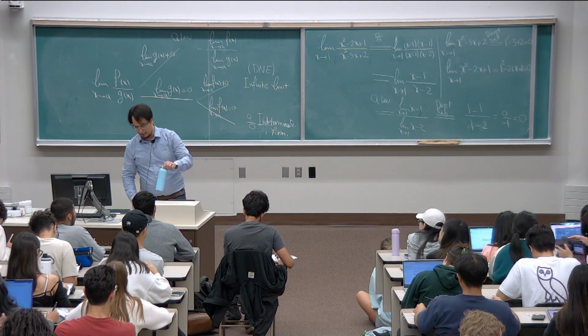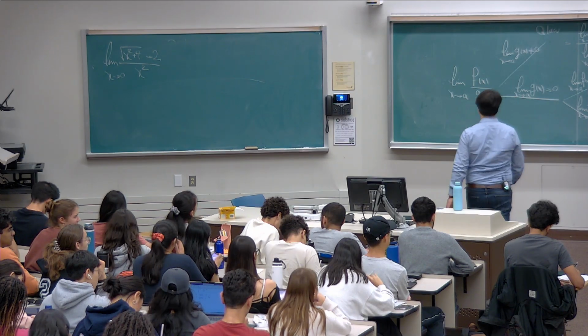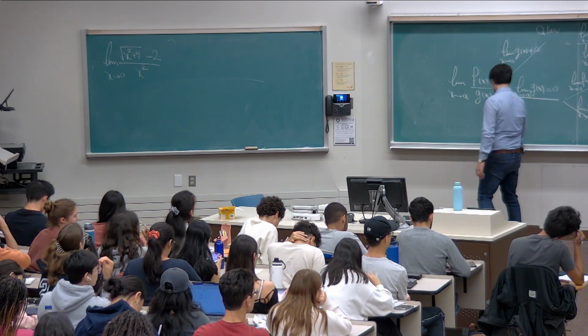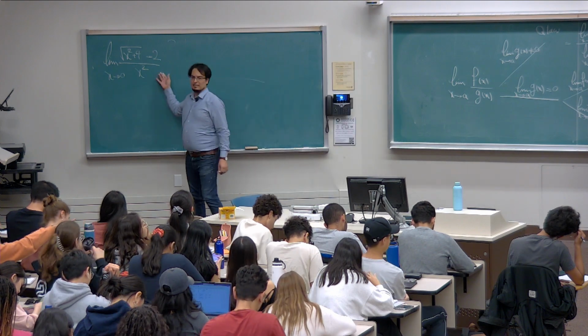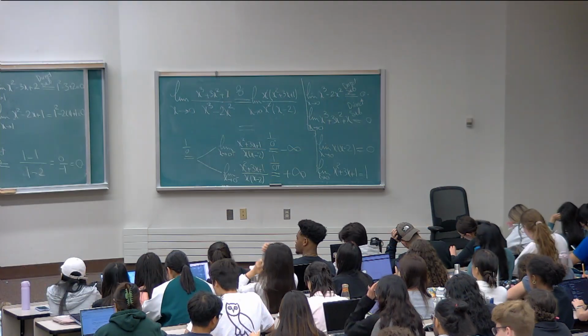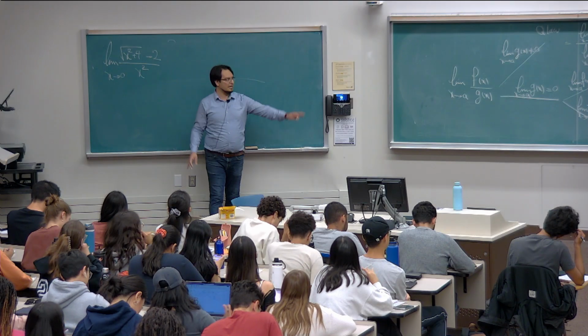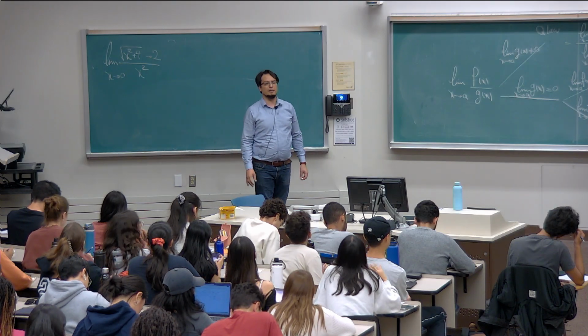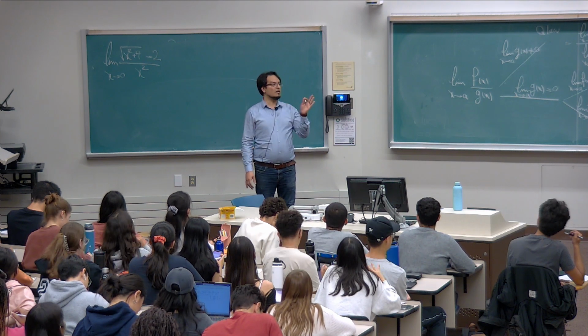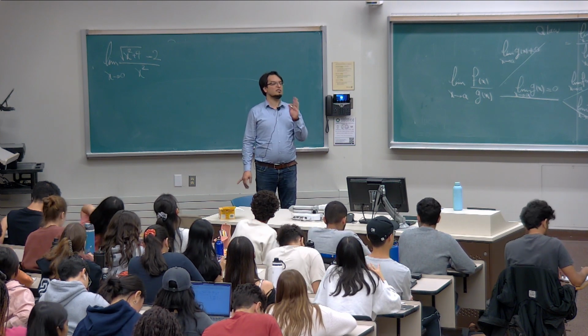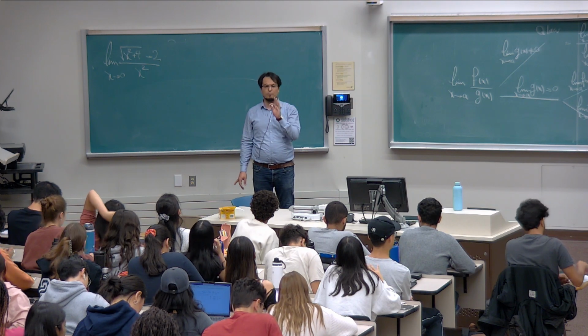Well, then let's start working on this other example here. Before I start working on that, what is special about this limit that we didn't have in the other two limits? The square root. The numerator is not a polynomial.